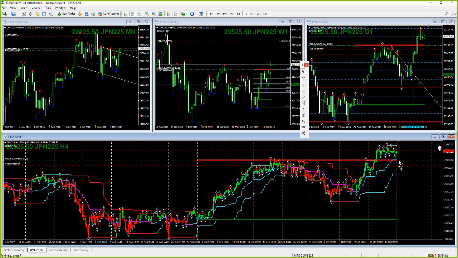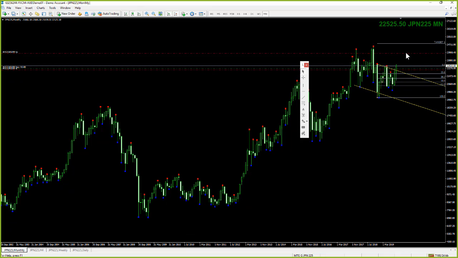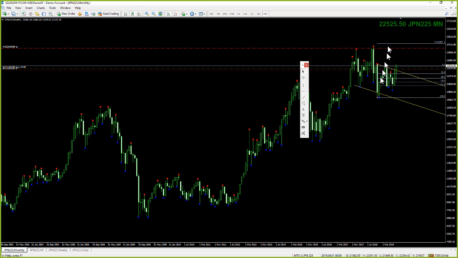So the Japanese market is at a small risk. We're breaking this pattern now, and when we're breaking something like that, we need to keep our eyes on it, because this one could be that much. Now I like this level very close to that.